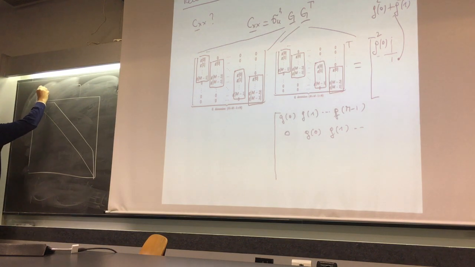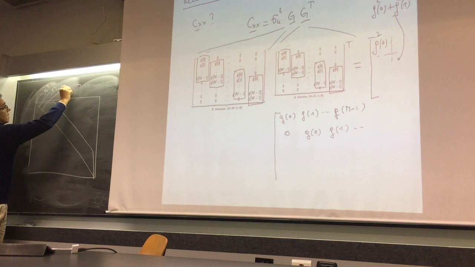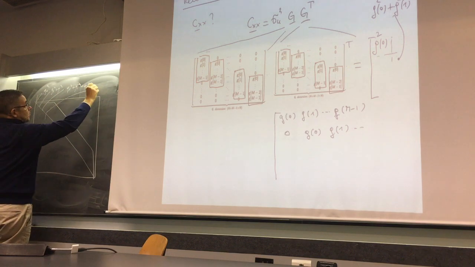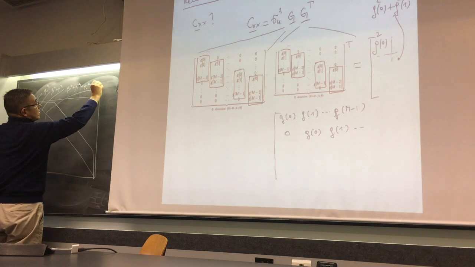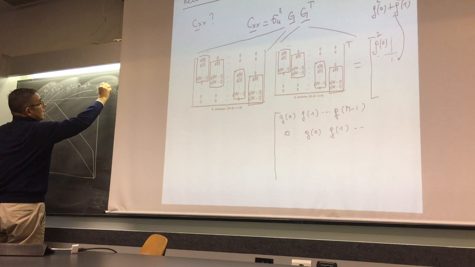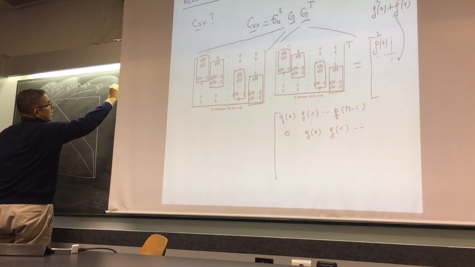So here I have G0 squared. Here I have G0 squared plus G1 squared. Here I have G0 squared plus G1 squared plus G2 squared. Blah, blah, blah. Until I reach this point. Here I have G0 squared plus blah, blah, blah plus Gn minus 1 squared.